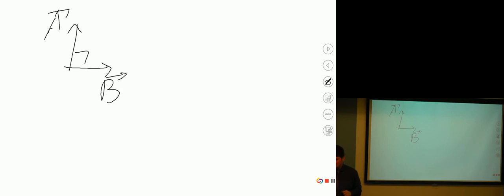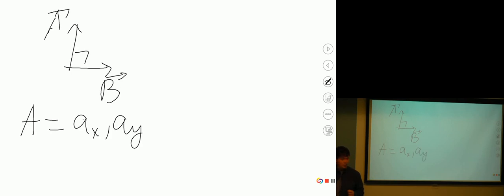And what does it mean if two vectors are orthogonal? Is there a mathematical algebraic way to say it? So A equals AX, comma AY, right? Two components, two projections.